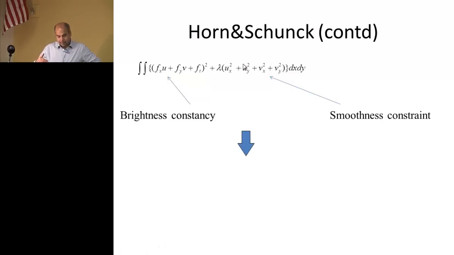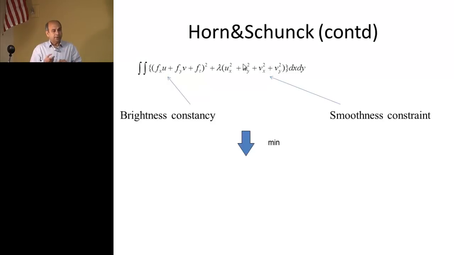So now I'm going to jump ahead, and I won't cover how to take this double integral and minimize it. This is something called variational calculus. It is similar to regular calculus.